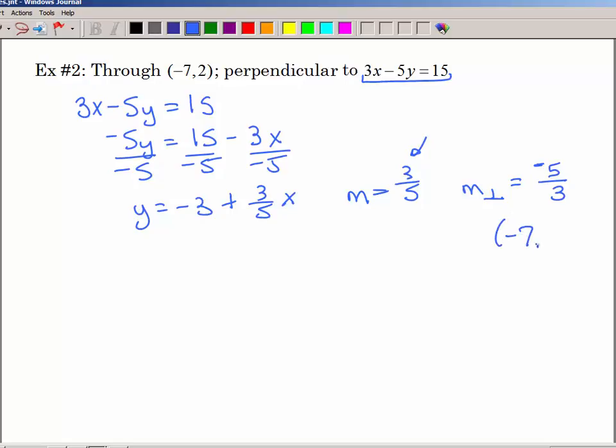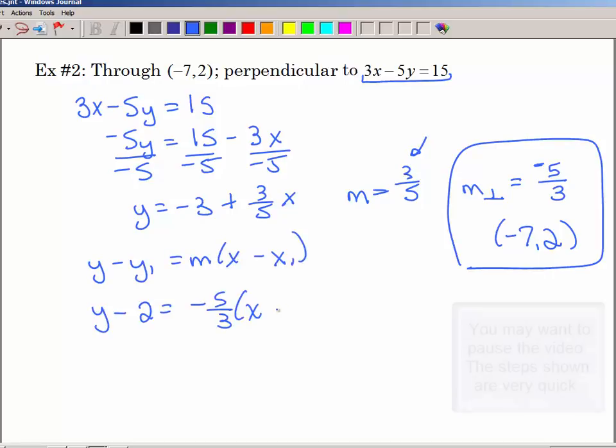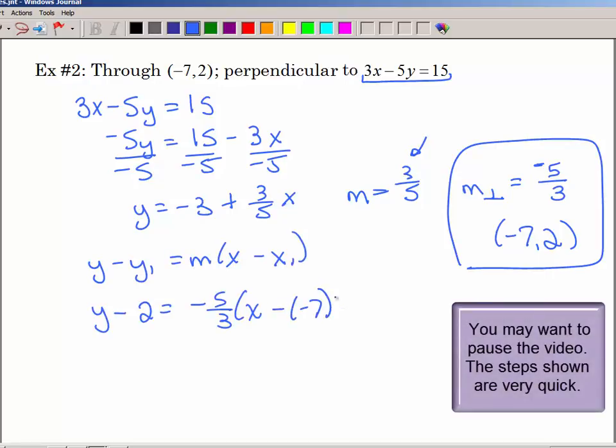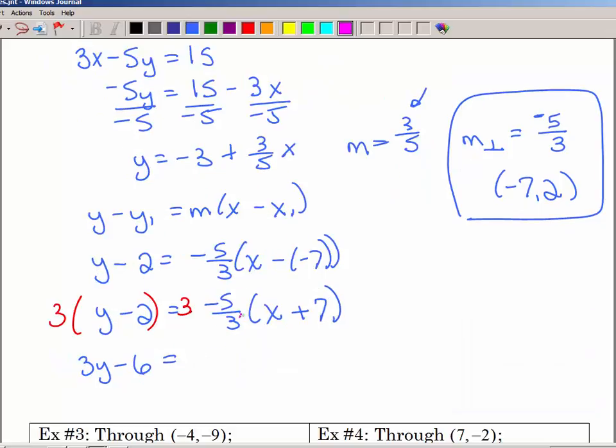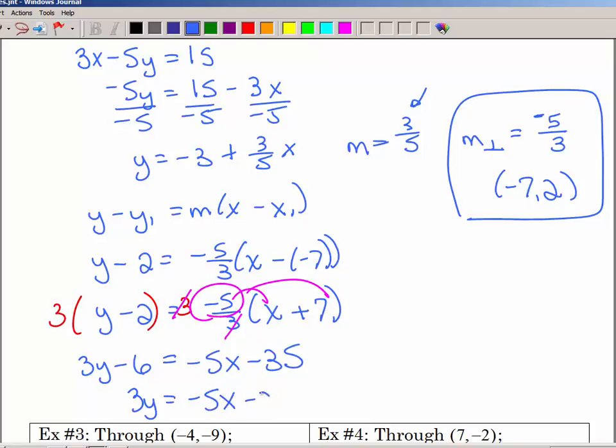We have a point, negative 7, 2. So this is the information we're going to use in our point slope formula. So I'm going to multiply by that denominator, cancel those out, distribute that numerator, and solve for y. So I'm going to add 6, and then I'm going to divide by 3.